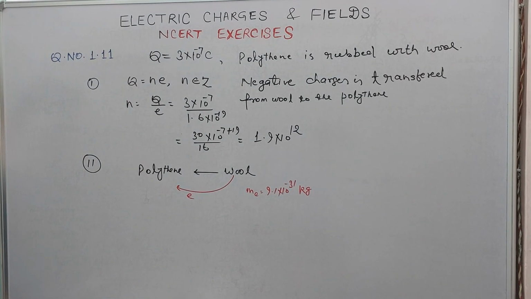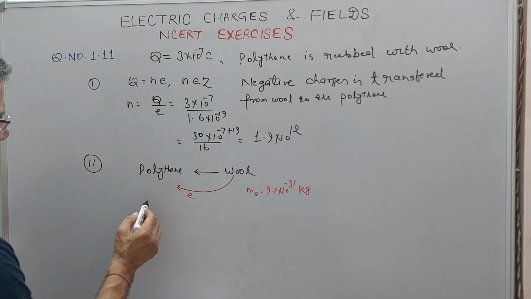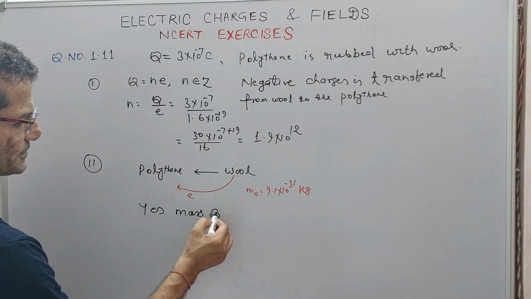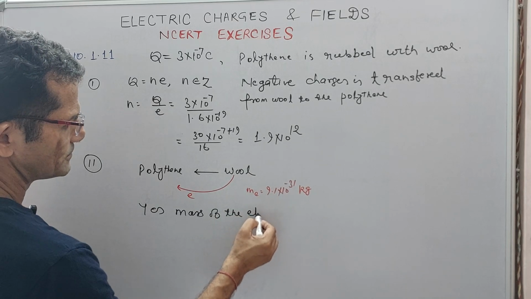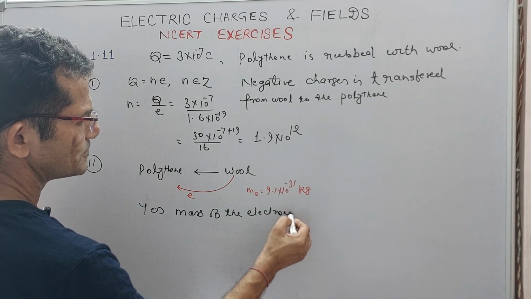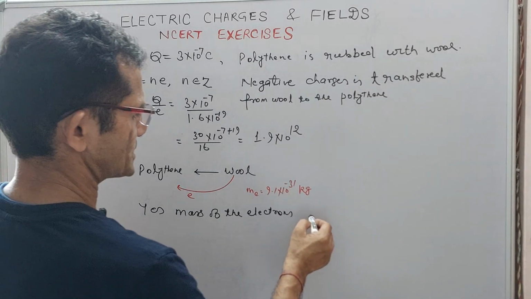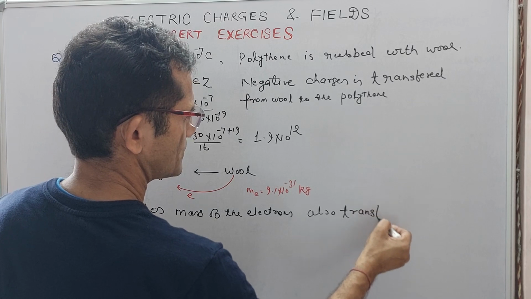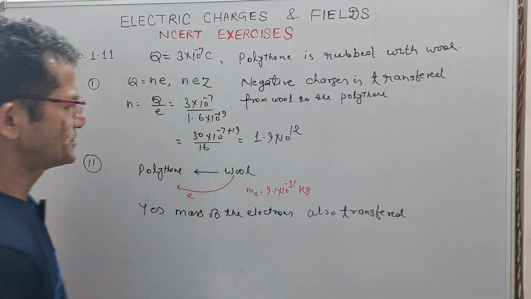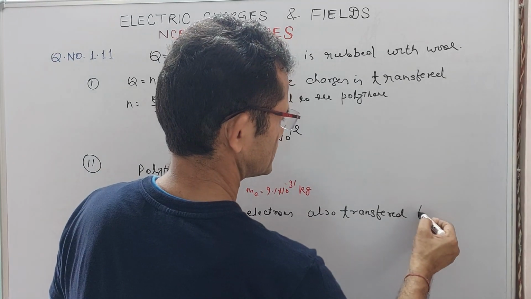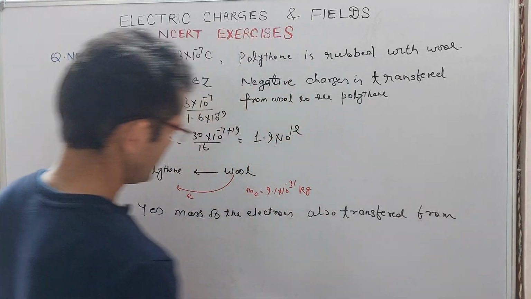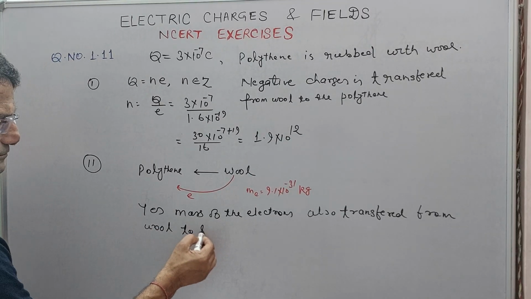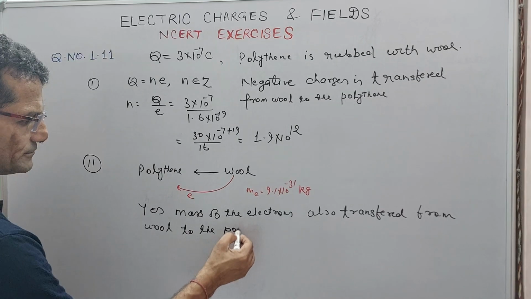So the answer is yes, the mass of the electrons is also transferred from wool to the polythene.